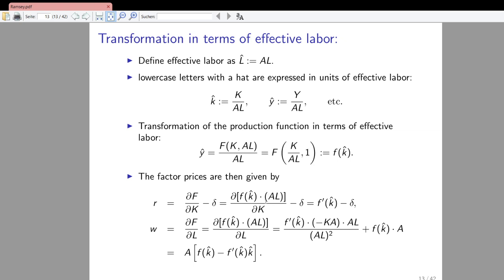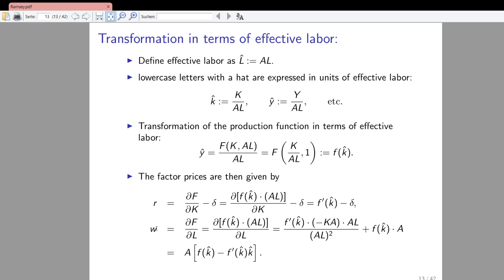Since we have AL also outside here, the AL in the numerator and in the denominator cancel out, and what remains here is the derivative of the intensive form production function with respect to capital per unit of effective labor and the depreciation rate. So the interest rate is the derivative of the production function in intensive form with respect to capital per unit of effective labor minus the rate of depreciation.